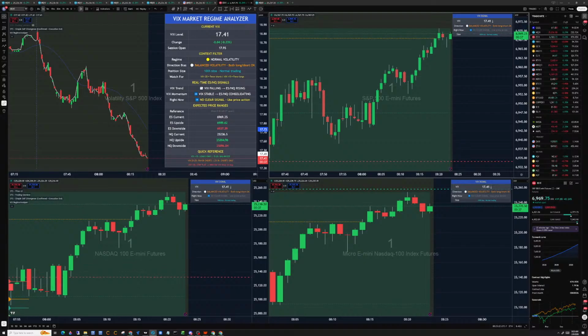There's a lot of liquidity up at 25,300. I'm just looking at the map here. The biggest nearest order I see on MNQ is up at 300. Now on NASDAQ, there's a little liquidity right above where we're at currently.